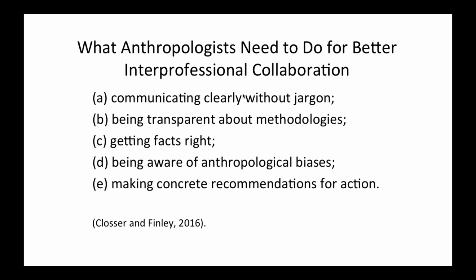They need to be clear about their methodology. They need to make sure that they get their facts right. And they have to recognize their own biases. And finally, it's not enough just to be critical. You have to be constructively critical and make concrete recommendations for improvement.